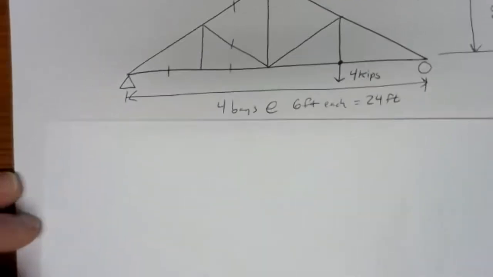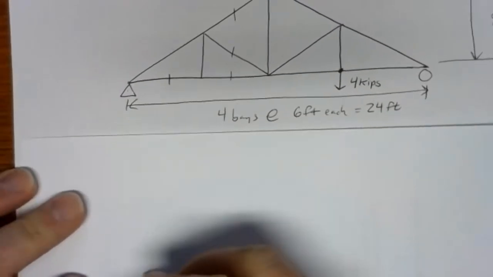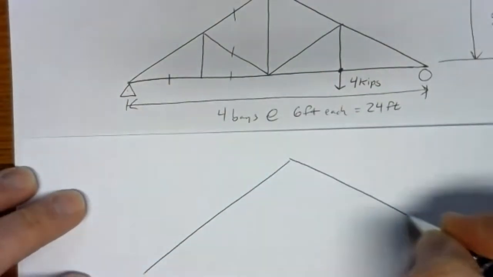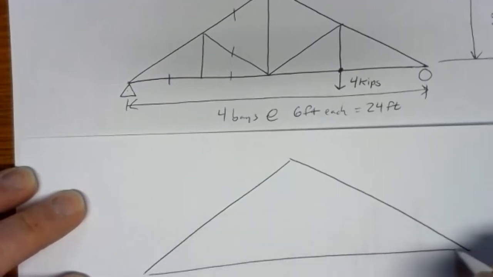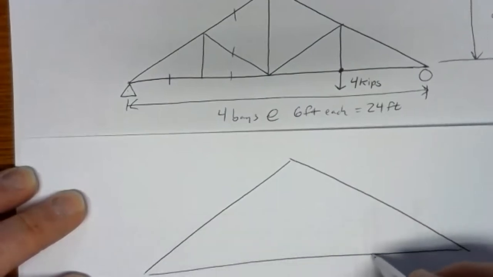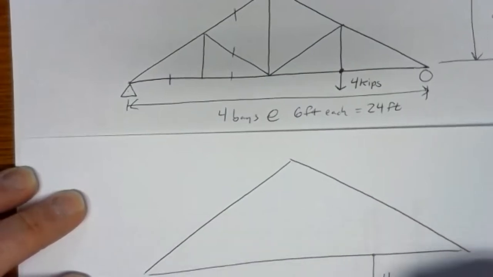So let's see, we'll keep that on the screen. So here we've got our external problem. Right around here, we've got 4 kips down.